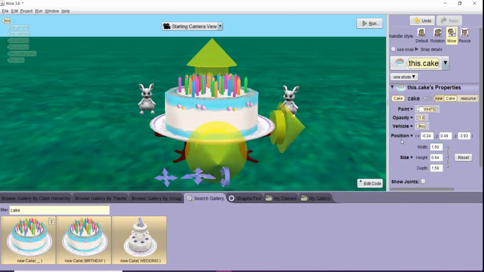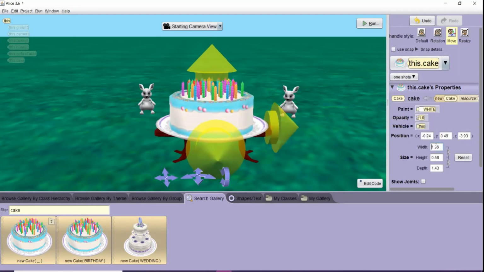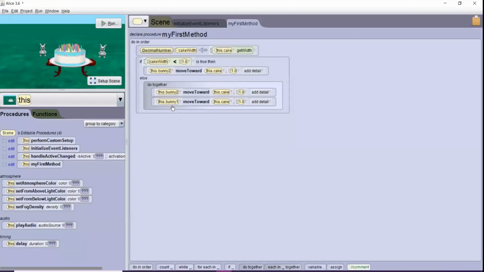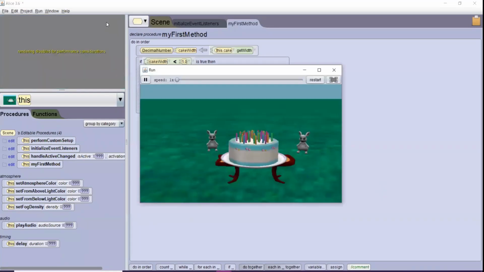Ataupun 1.2. Kecilkan sikit. Okay, ingat width dia 1.2. So kita pergi edit code balik and then kita run. Apa jadi? Nampak? Dua-dua ke sini.